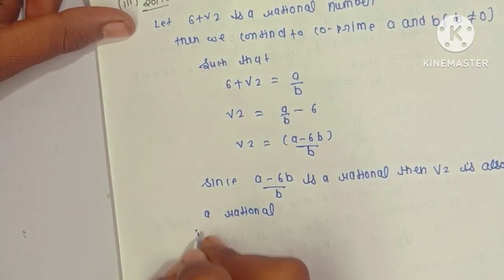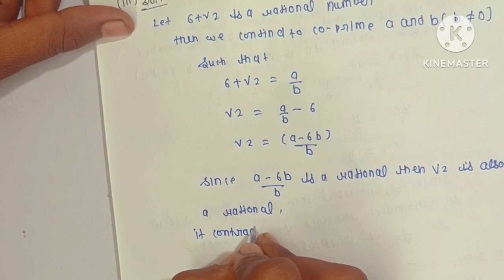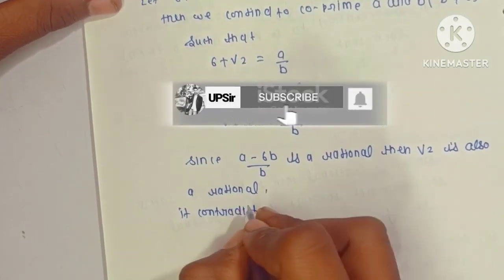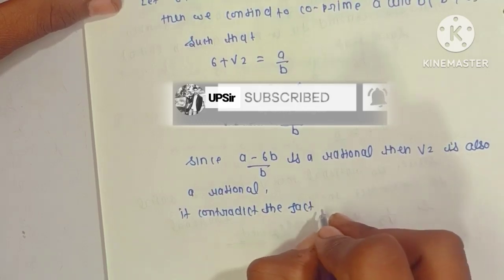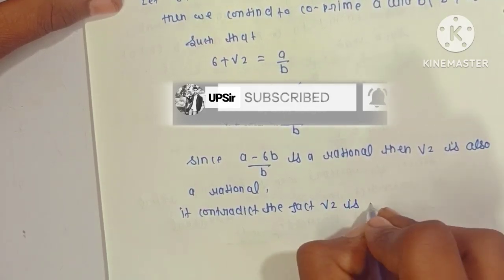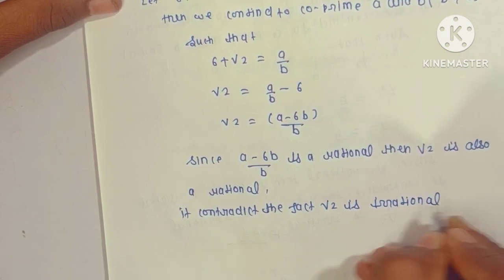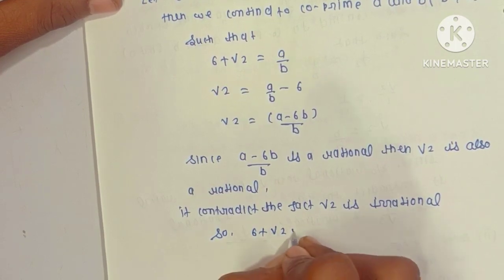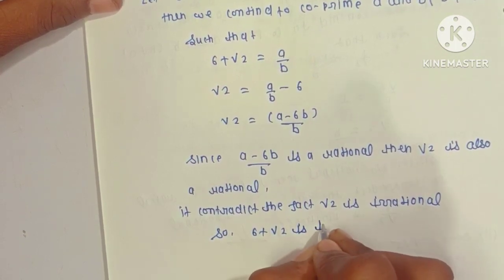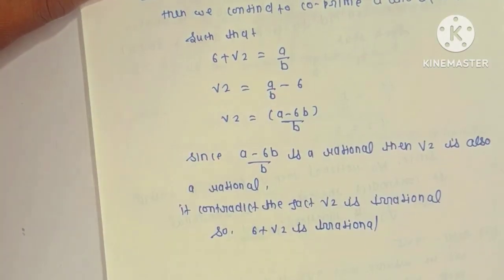It contradicts the fact that root 2 is irrational. So 6 plus root 2 is irrational. Proved.